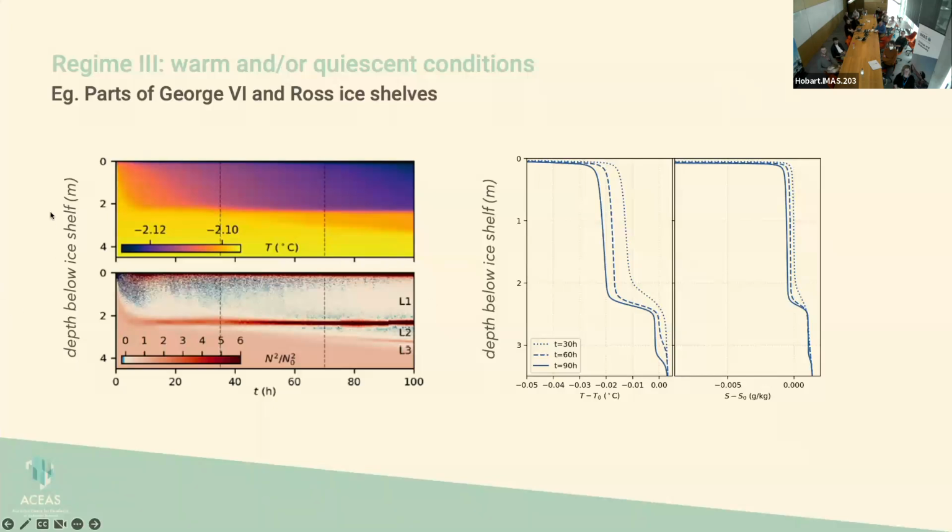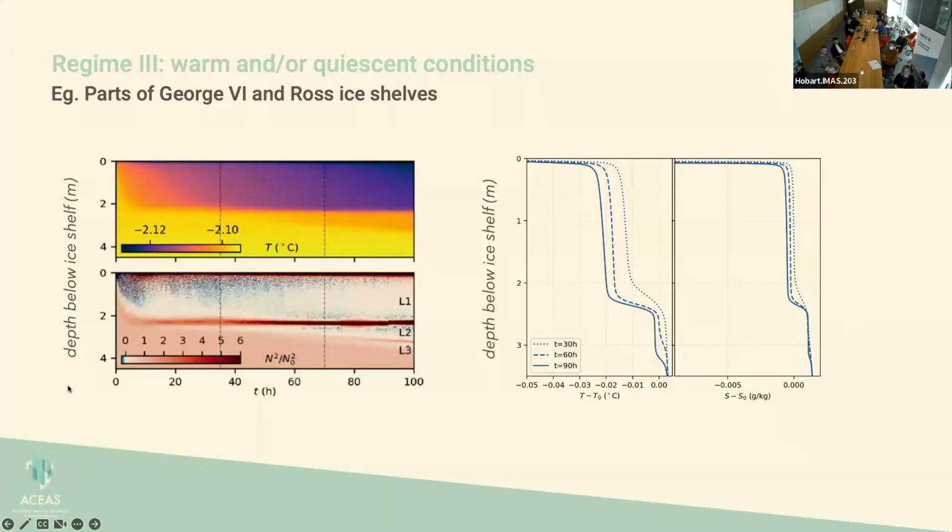So this is depth beneath our ice shelf, and this is time, in hours. And you can see in temperature up here, we form our first well mixed layer. And then at later time, we start forming another kind of cooler well mixed layer. And then if you're imaginative, there might be a third line down here. It's a bit easier to see in the stratification, which is below.